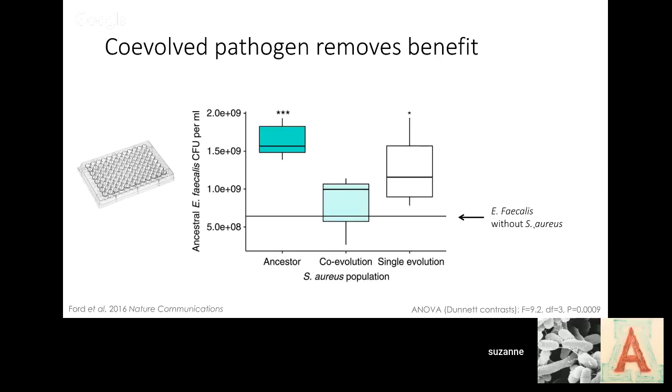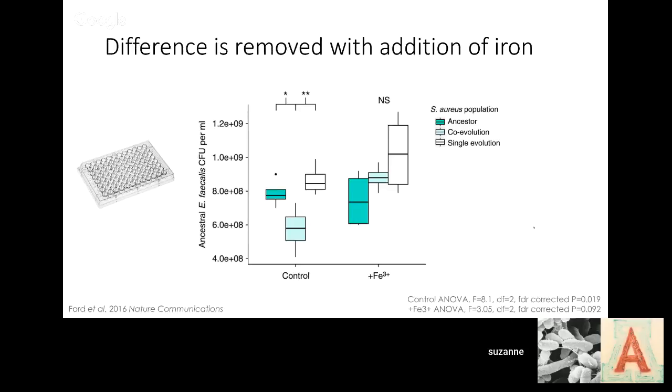But I wanted to make sure that the production of the siderophores is what is responsible for this. And there's one really neat way that you can deal with that. If you add in exogenous iron, so lots of iron, it's thought to down-regulate the expression of siderophore because it's not needed as much. And so you might be able to eliminate the difference between these populations. And so this is what I did.